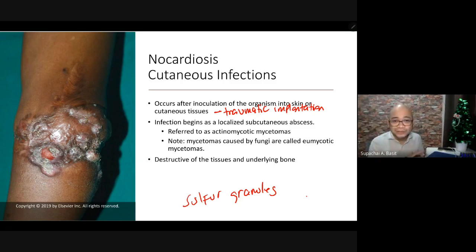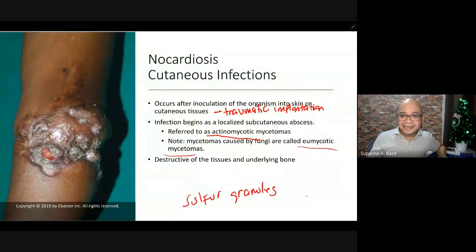As I told you, there are two types of mycetoma. If it's bacterial, we call it actinomycotic mycetoma. If it's fungal, we will call it eumycotic mycetoma, which you will be discussing in mycology next semester, after you have passed bacteriology.